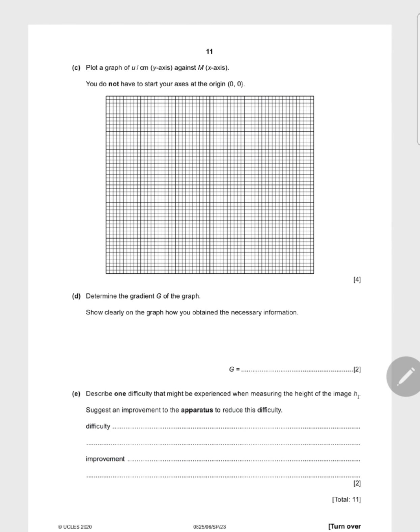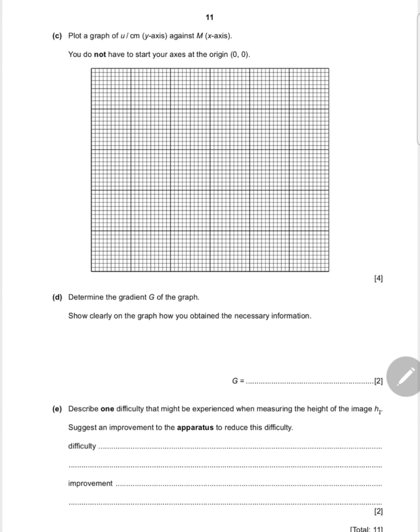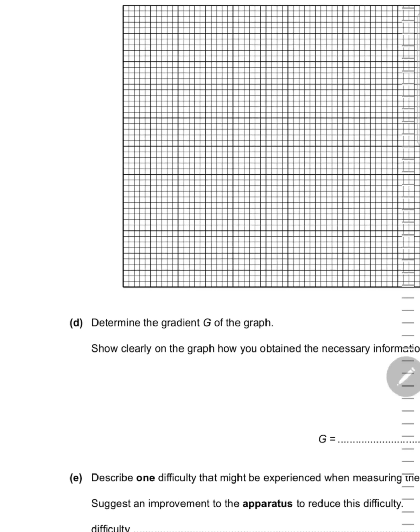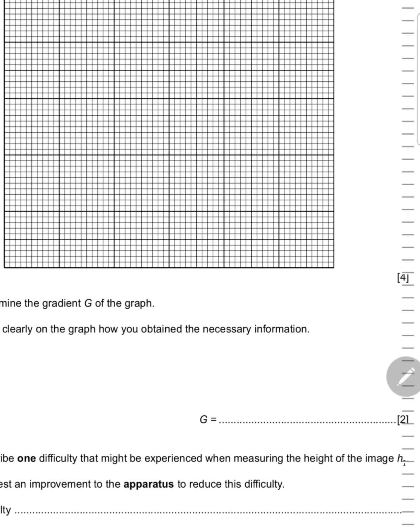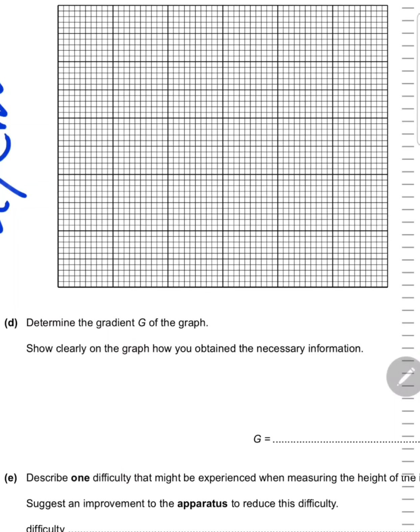Then moving on to the next part of the question, it says plot a graph of u in centimeters on the y-axis, and m on the x-axis.